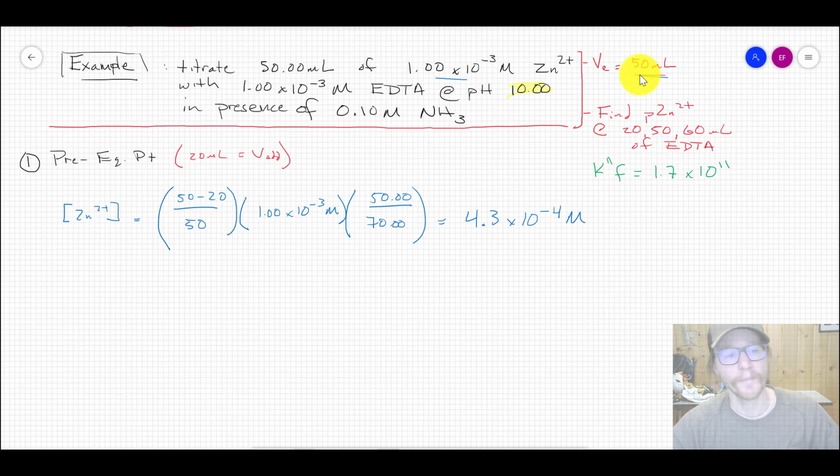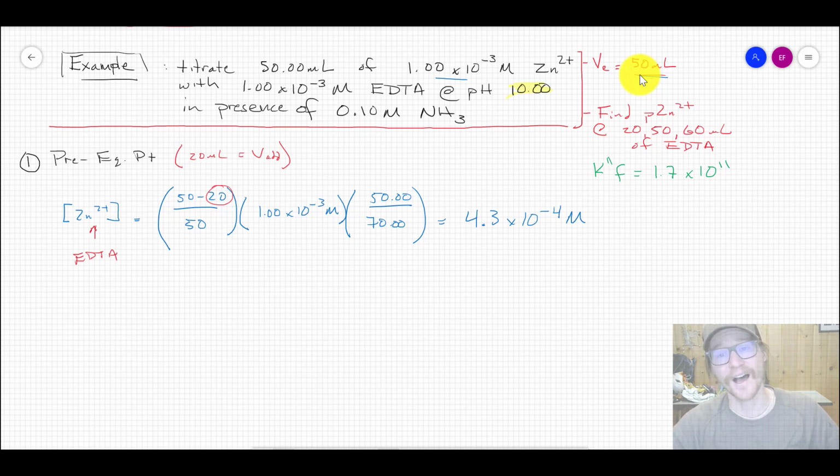But remember, so far this computation has only considered the impacts of EDTA, and really saying that EDTA binds 1-to-1. That's where this 20 comes from; it assumes that all of the 20 mils of EDTA that were added remove the zinc from the system.